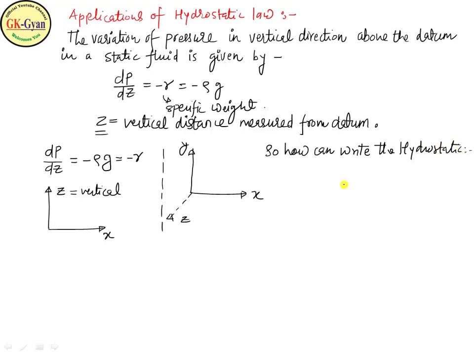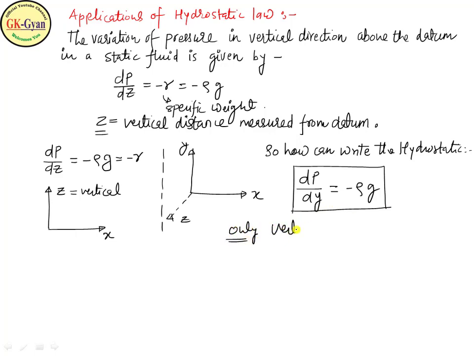So you can write down the hydrostatic law as dp by dy is equal to minus rho g. Here only the vertical distance matters.